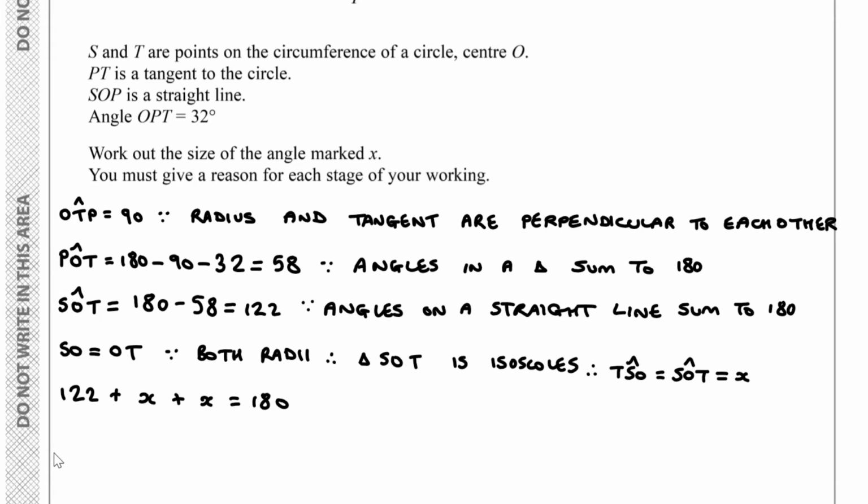So let's write down the reason for this. The reason is angles in a triangle sum to 180, and therefore you can find X to equal 29. So X is 29.